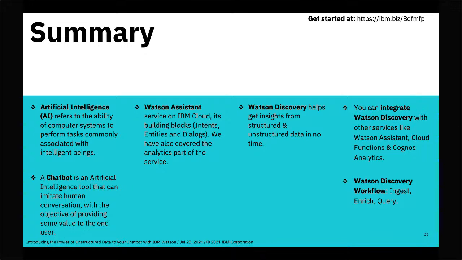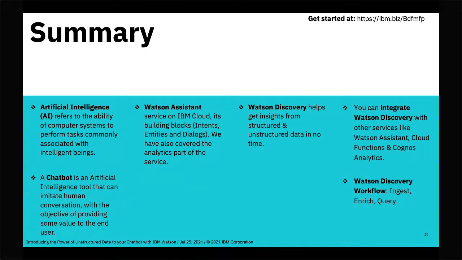We then talked about the chatbot as a tool that can imitate human conversation. And we also saw how Watson Assistant helps in doing so and acts as if a person is talking to you. So we looked at the chatbots that have many applications and can be integrated with websites.